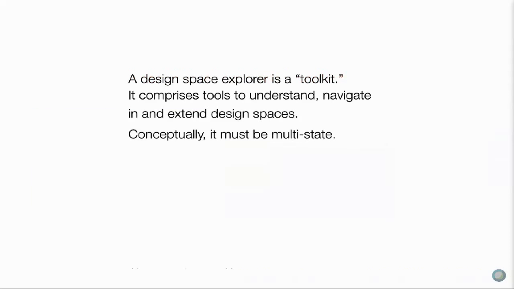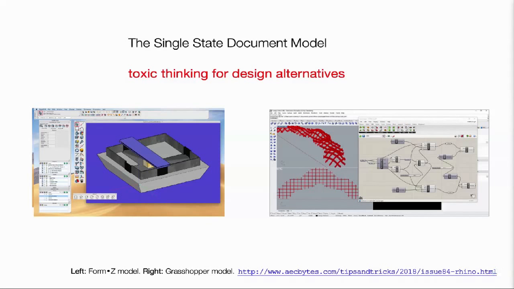So, going back to the single state document model, pause and reflect. Ask yourself, what tool you use doesn't have the single state document model as an overpowering assumption in its interface? Second, you have to get around it.